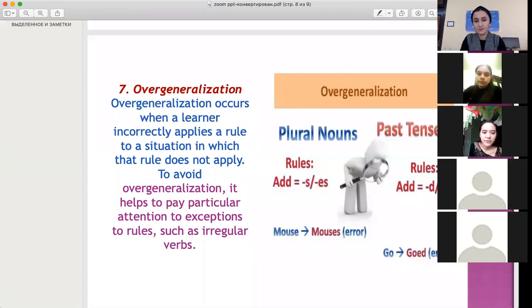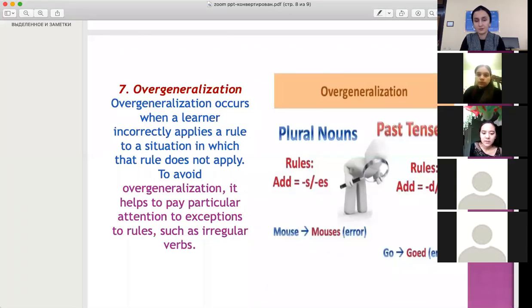Overgeneralization occurs when a learner incorrectly applies a rule to a situation in which that rule does not apply. To avoid overgeneralization, it helps to pay particular attention to exceptions to rules, such as irregular verbs. Like, as we know, in nouns, we should add s or es in order to form the plural of nouns.